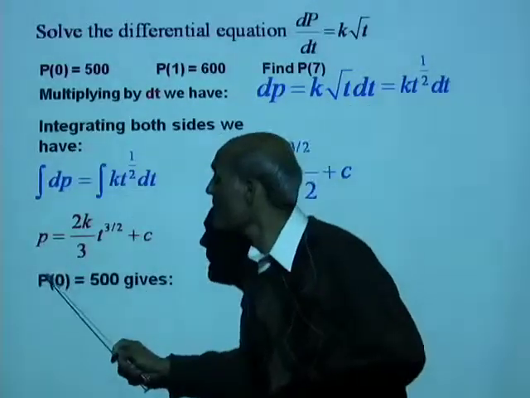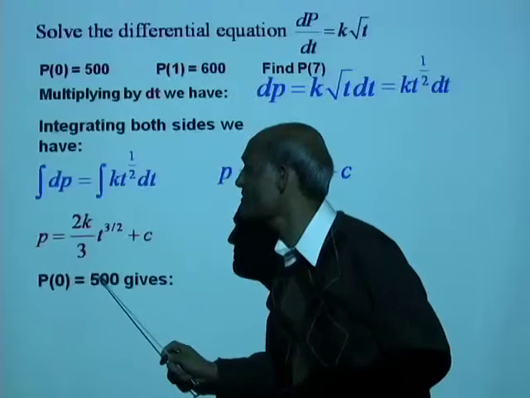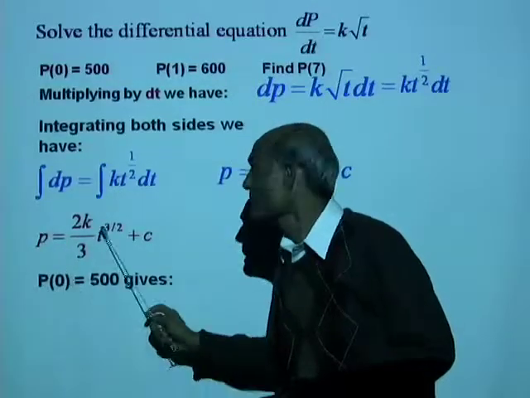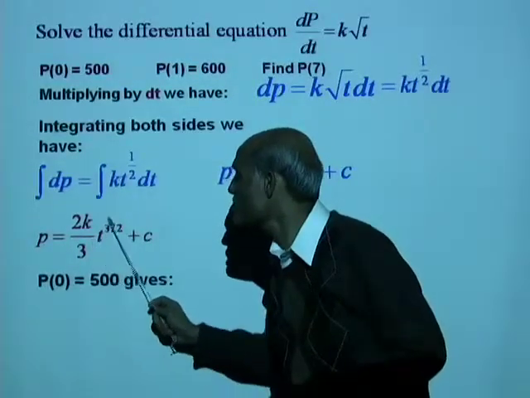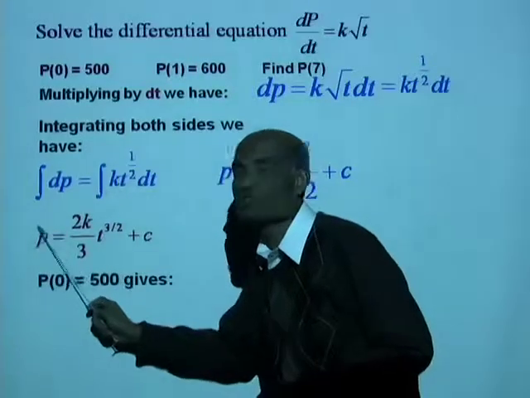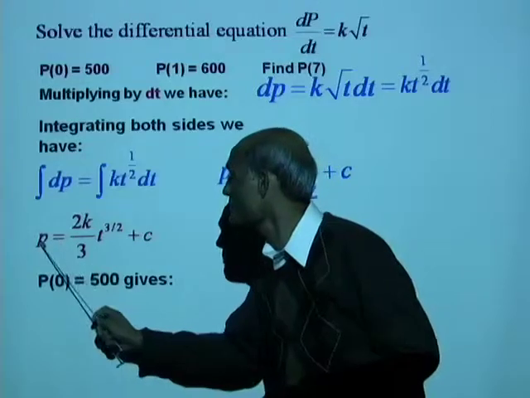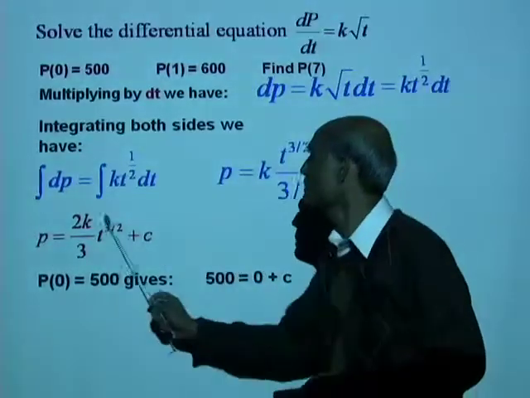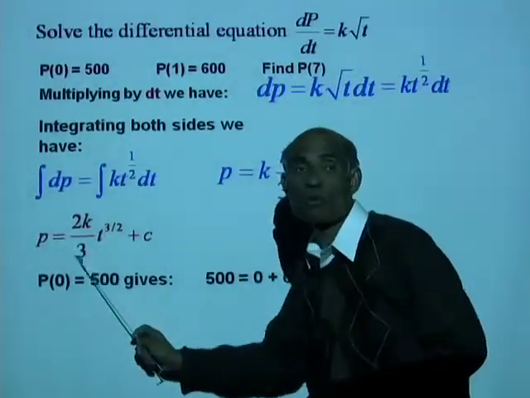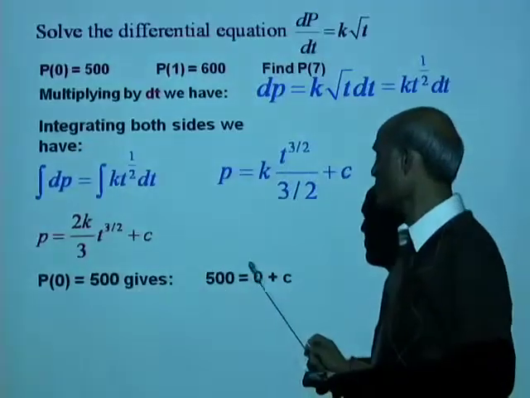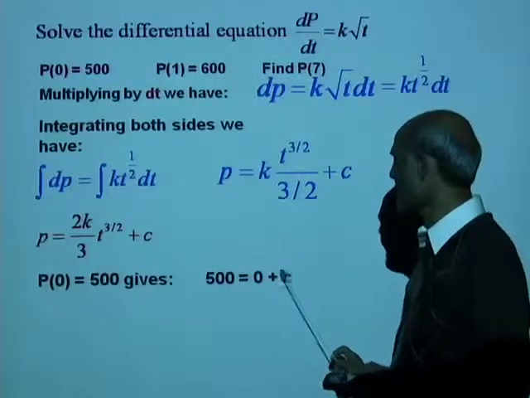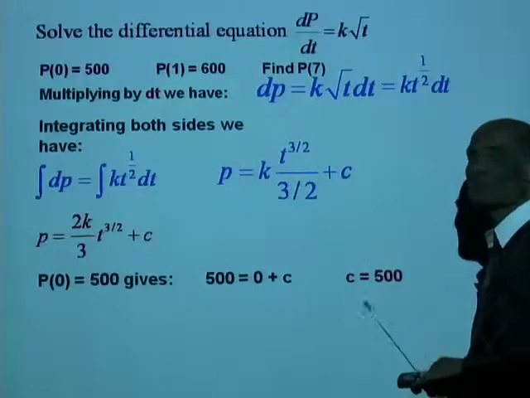Now we are given that p of 0 is 500. What does that mean? It means if you replace this t by 0, this p will be 500. Let's do that. So we say 500 equal to, when t becomes 0, this whole thing will become 0. So 500 equal to 0 plus c, and that gives you c equal to 500.